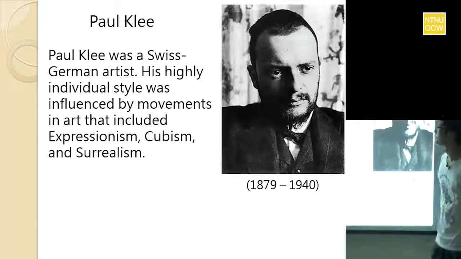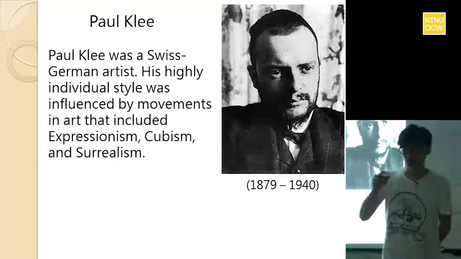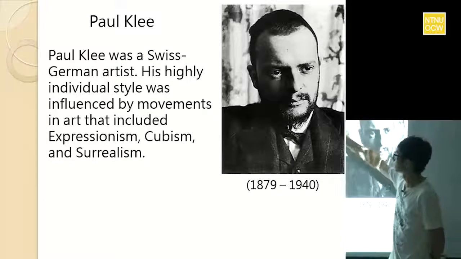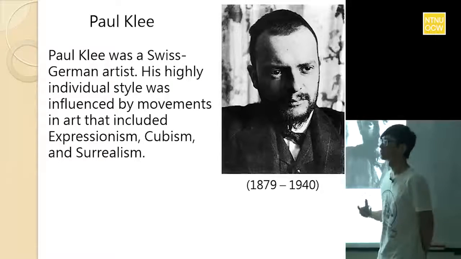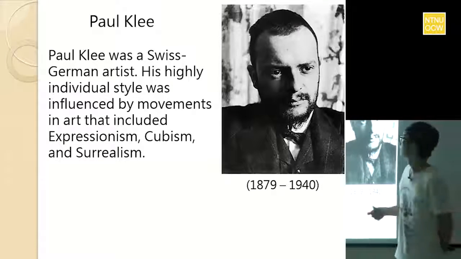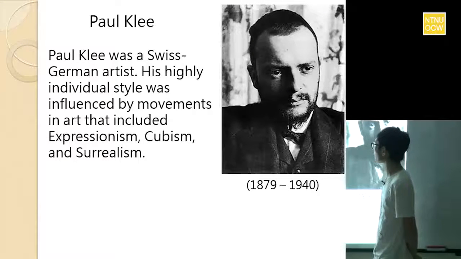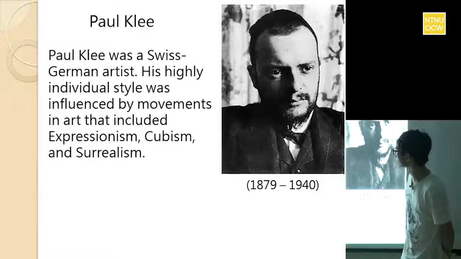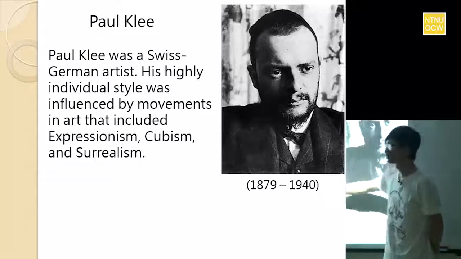Yeah, Paul Klee was a Swiss German artist. It means he was born in Switzerland, but he was a German artist. Yeah, and his highly individual style was influenced by movements in art that include expressionism, cubism, and surrealism.